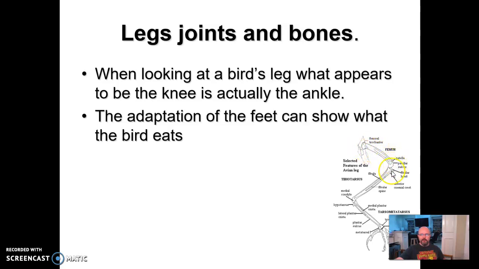It's the femur, the top part of your leg, and then this is the bottom of your leg, the tibia and fibula, running from the knee down. And then what looks like a backwards knee is actually the ankle. And then this is kind of like the foot, and the toes stick out from the end of the foot.